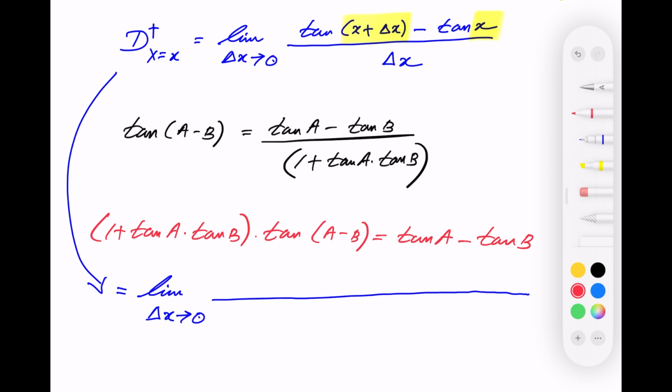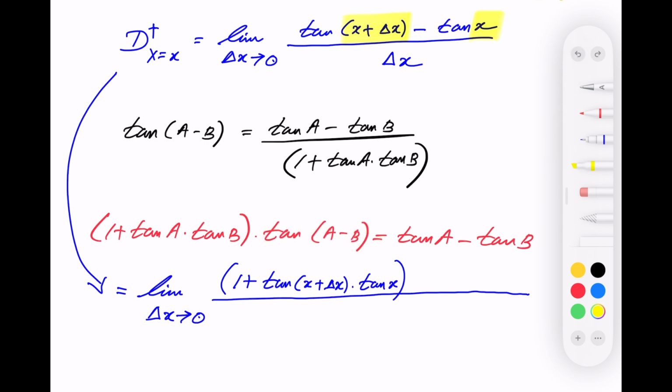Then the first term is, let me open parenthesis, 1 plus tangent a times tangent b, tangent x plus delta x times tangent x, close parenthesis. And the second term is tangent a minus b.